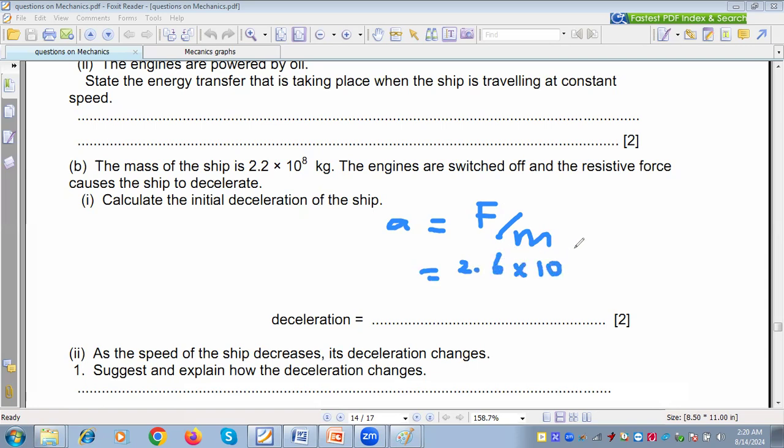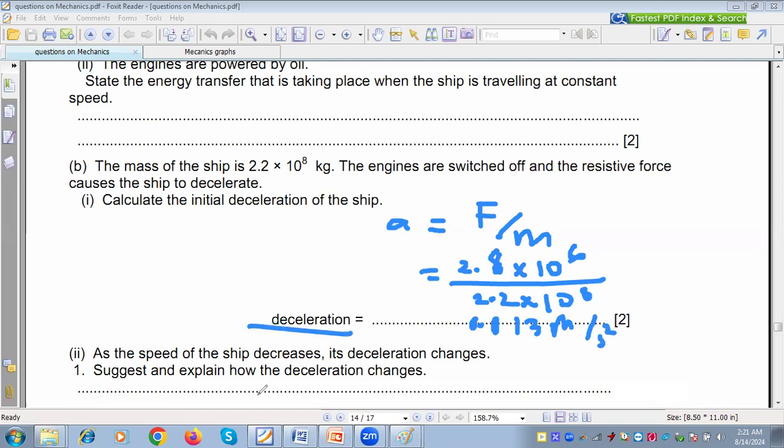So 2.8 into 10 raised to the power 6 divided by 2.2 into 10 raised to the power 8. What is the answer? 0.013 meter per second square. We don't need to put a minus sign because it's written deceleration.